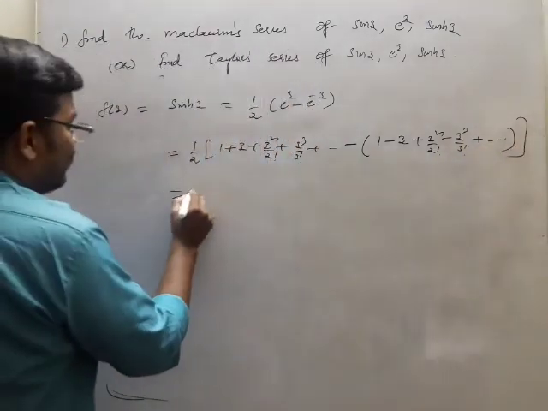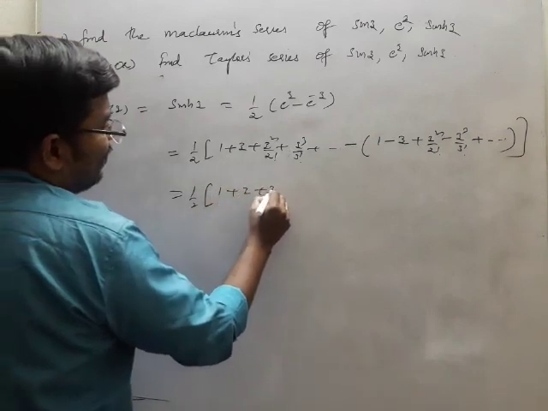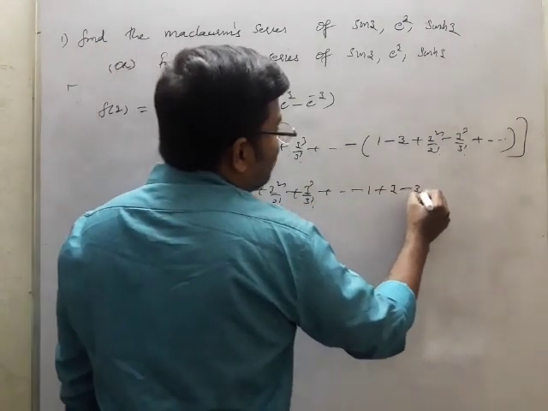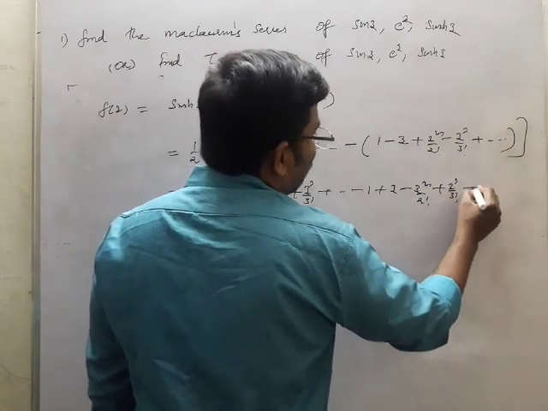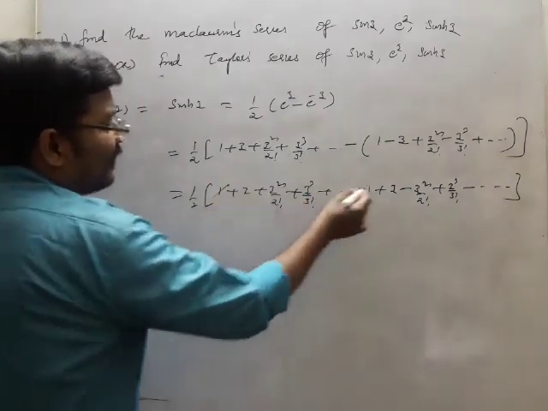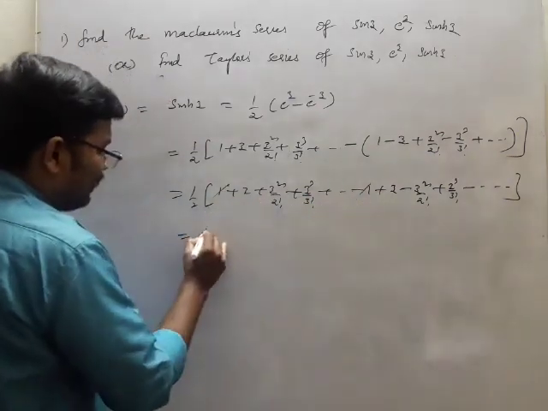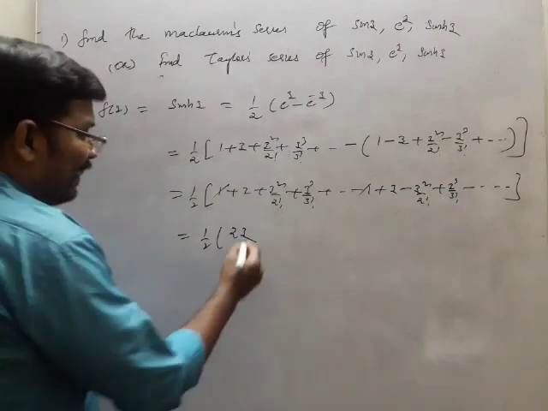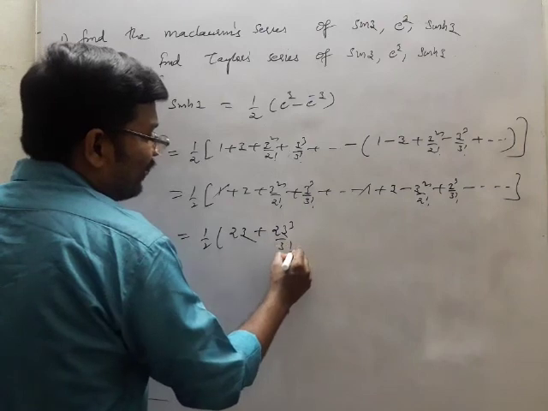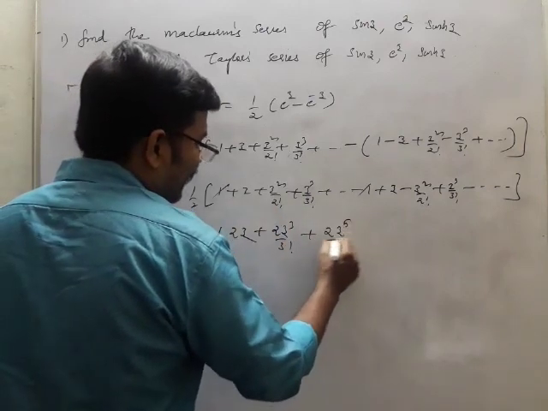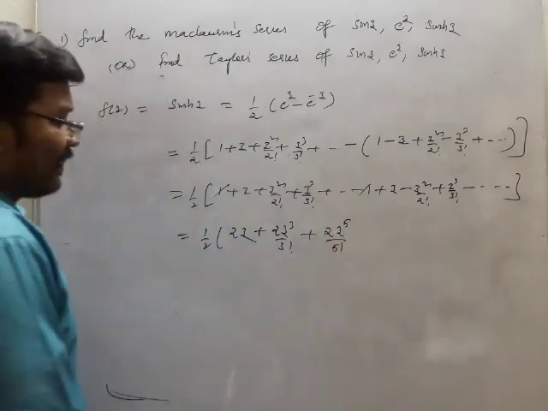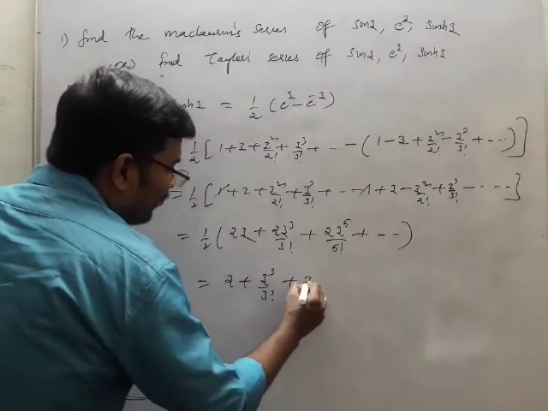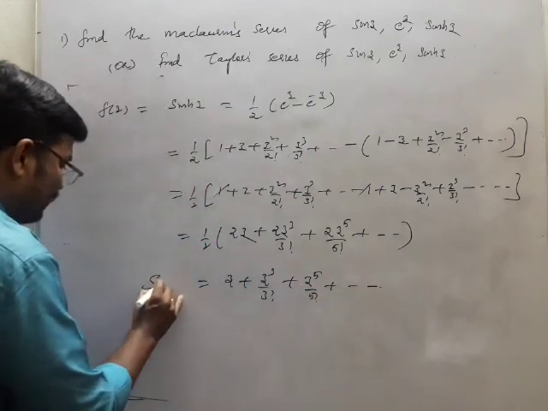Now the 1 and 1 get cancelled and you get 2z. The z square by 2 factorial terms also go. So you will be getting 2z cube by 3 factorial, plus 2z power 5 by 5 factorial, plus and so on. If you take common, z plus z cube by 3 factorial plus z power 5 by 5 factorial plus and so on. This is what sinh z is.